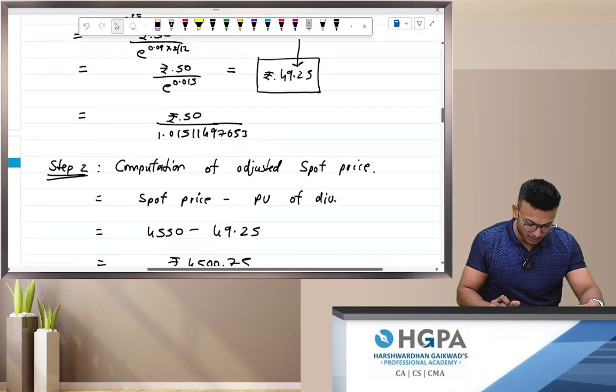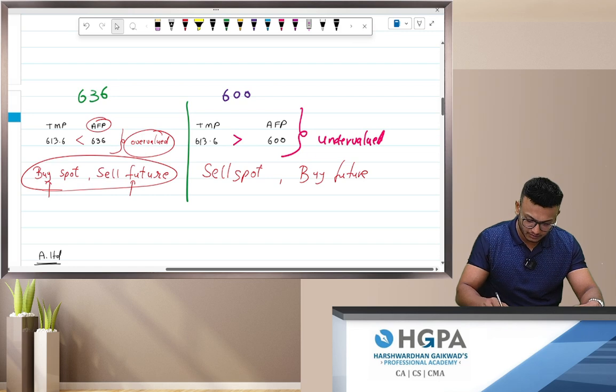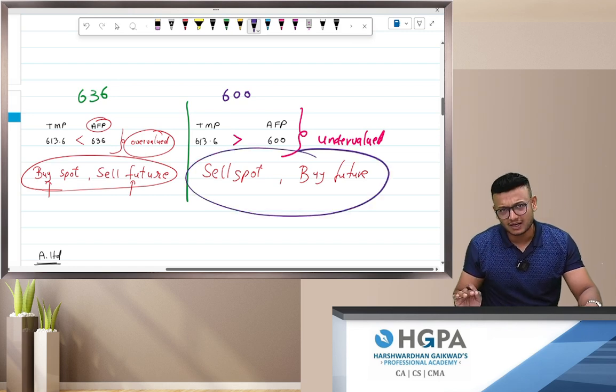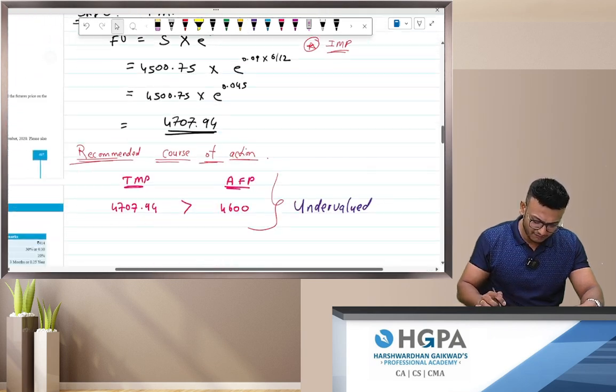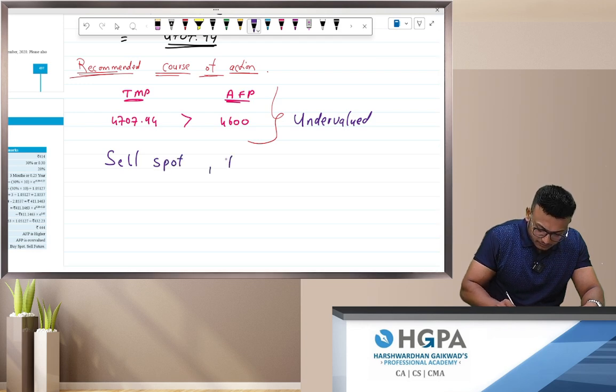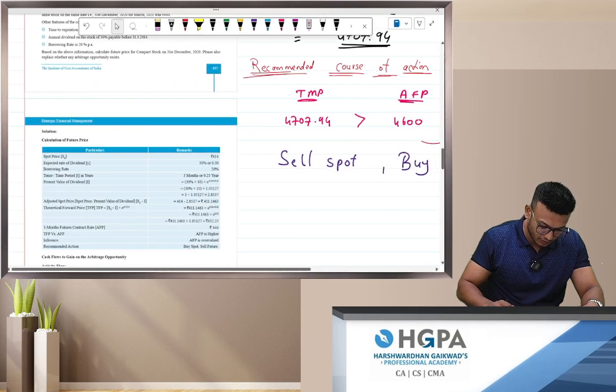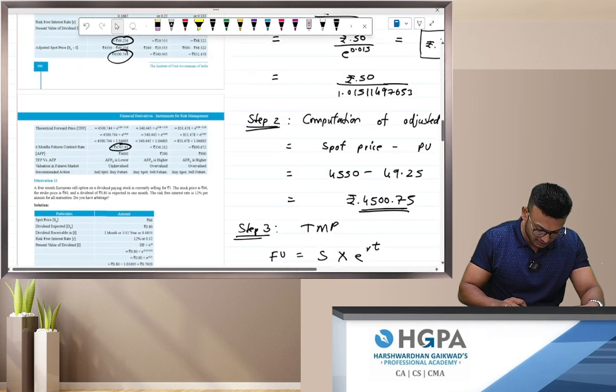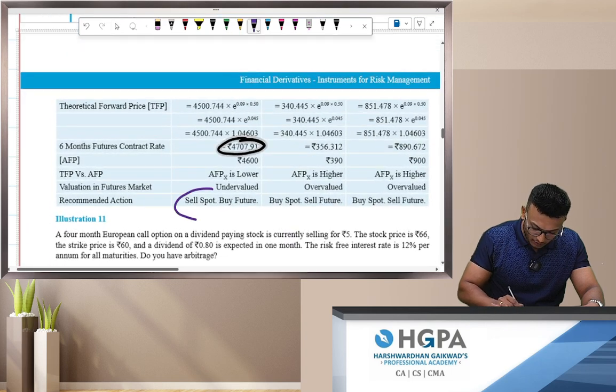It is even written above in small print. The same thing is going to come: sell spot, buy future. This has to be your answer.